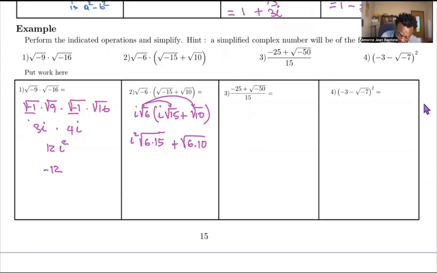So we have, this is 3 times 2, and this is 3 times 5, right? We have 3 times 3, which is 9. So we can pull out a 3, and then this is -1. So that's -3 square root of 10, right?